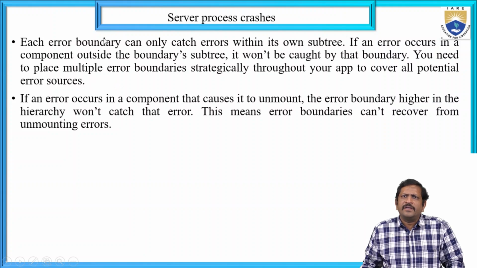If an error occurs in a component that causes an unmount, and the error boundary level is very high in the hierarchy, it won't catch the errors. So the error boundary level should be medium or low to easily catch the errors. This means the error boundary cannot recover from unmounting errors.